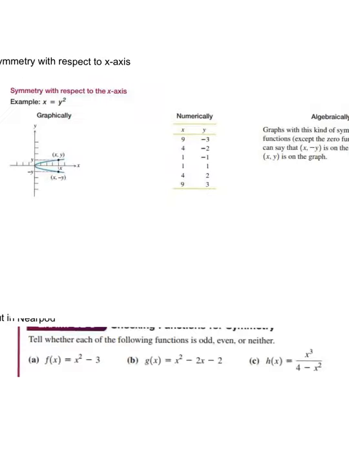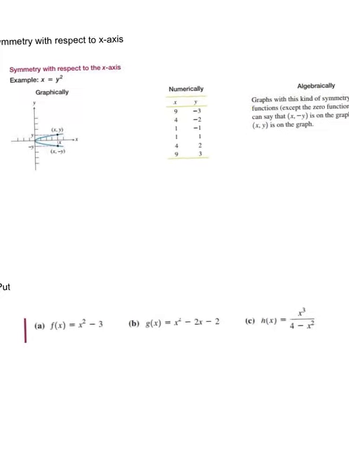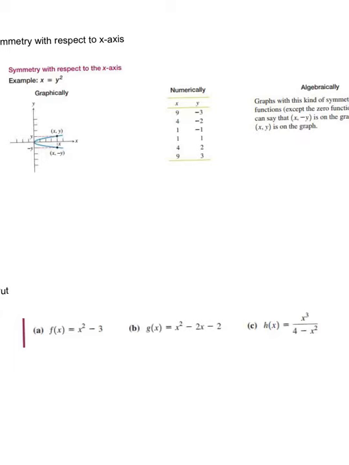Okay, so the last one is symmetry with respect to the x-axis. Symmetry with respect to the x-axis is just the dotted line down here.